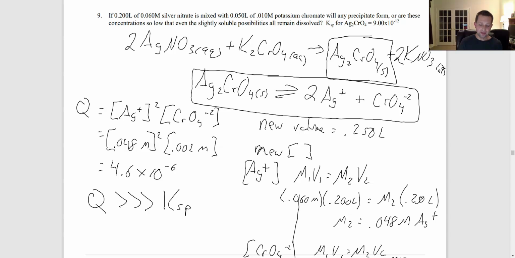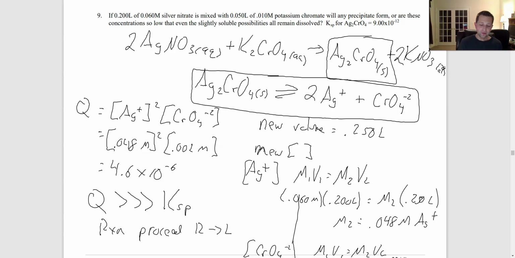If Q is greater than KSP, that means your products are way bigger than they should be, right? So if Q is greater than KSP, from the previous lesson on reaction quotient, the reaction will proceed right to left. It will go backwards. It will proceed in the reactant direction in order to establish equilibrium.